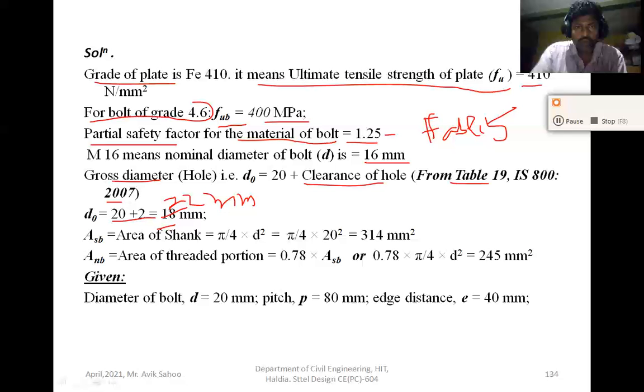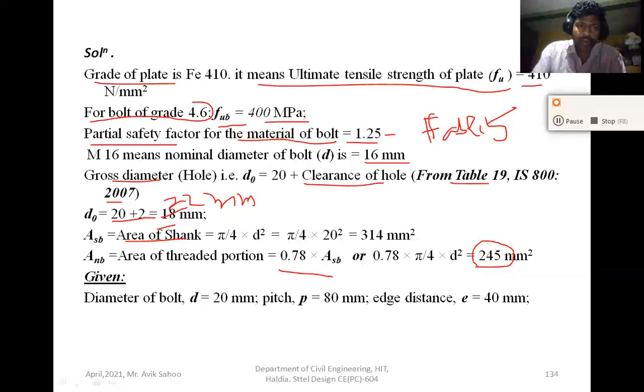ASB, area of shank, is pi by 4 d square. Area of threaded portion is 0.78 times ASB. So we are using the empirical formulae, and we get 245 square millimeter area of thread.